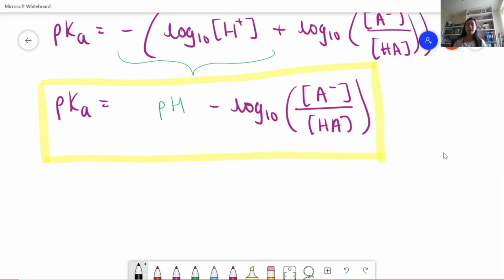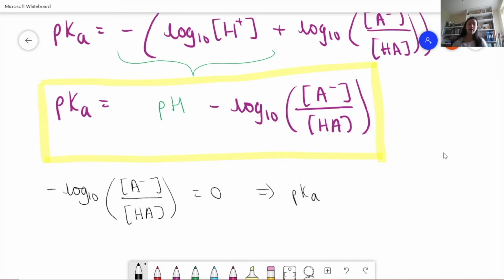And some really important things about this is that when this minus log to the base 10 of this concentration of A minus over the concentration of HA is equal to 0, then we have pKa equals the pH.